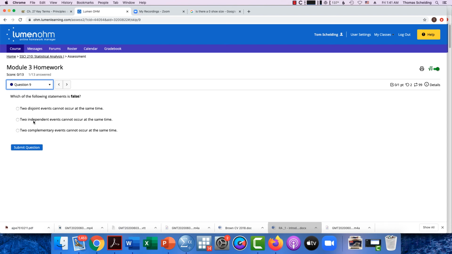If complementary events were happening at the same time, the percentages are going to add up to more than 100%. So meaning we better see option 3 be green.